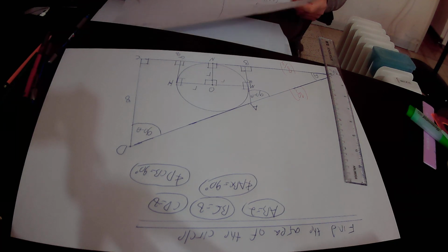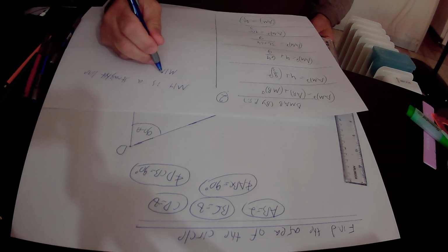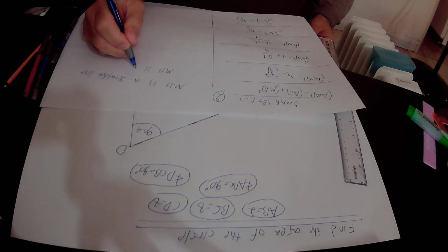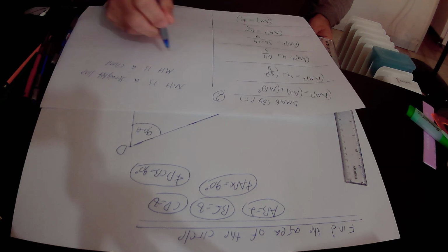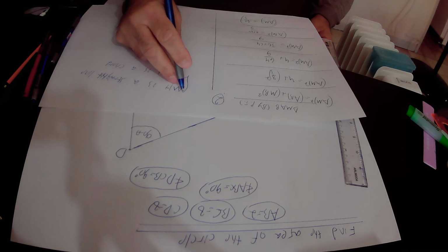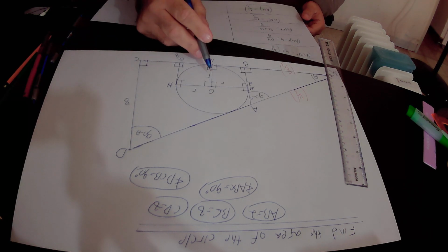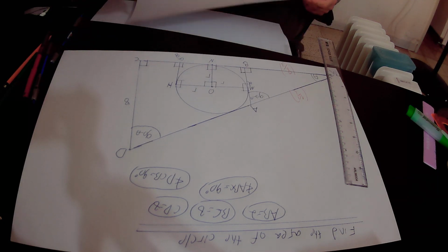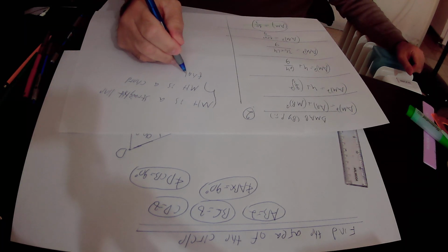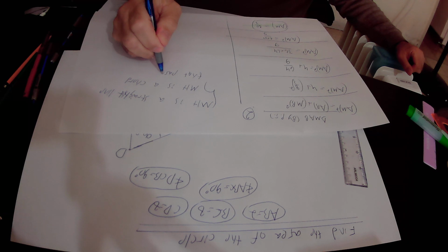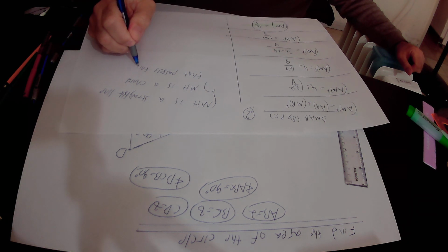Therefore, MH is a chord in the circle. But MH is a chord that passes from point O through the center of the circle.